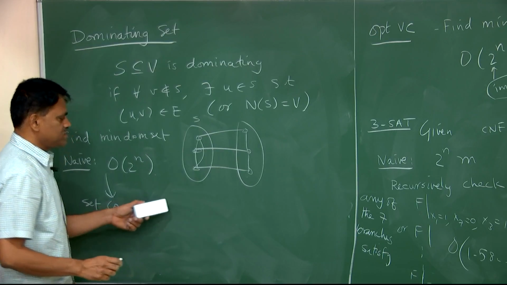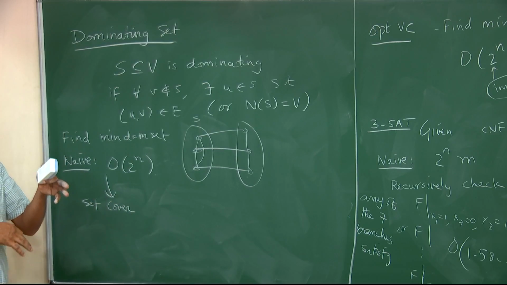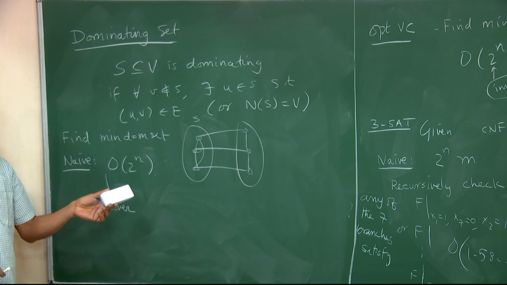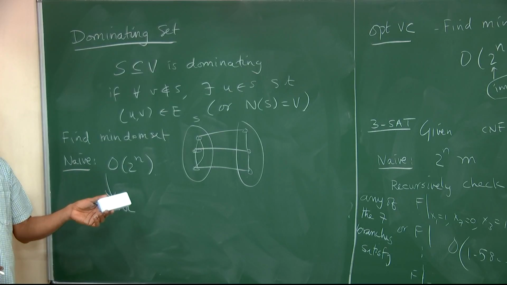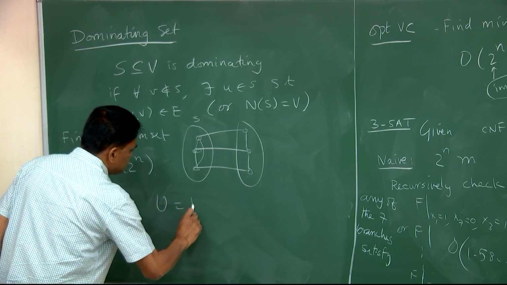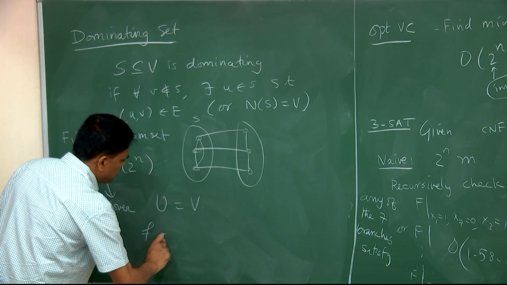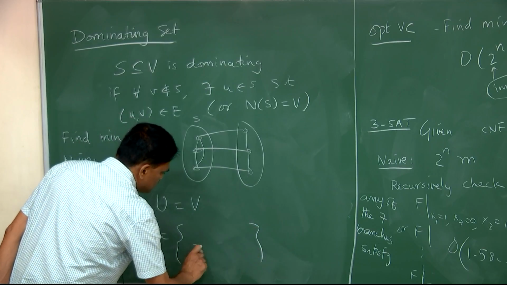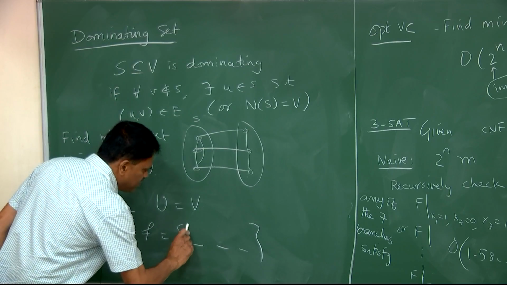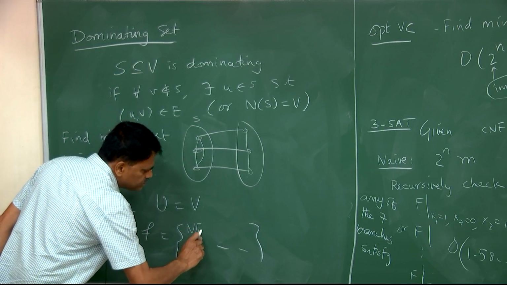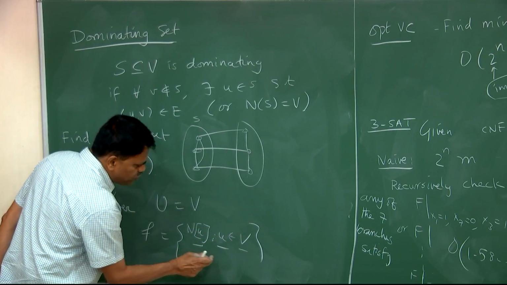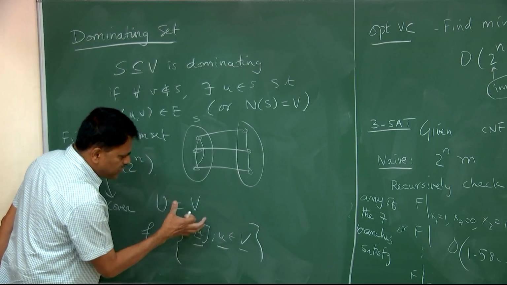Remember, set cover is a universe and a family of sets. So what is the universe? Vertices, because that's what you want to cover. So my universe is the vertex set, and what is my family? Neighborhoods. For each vertex I pick its closed neighborhood. So there is a set for each vertex which will contain all its neighbors.